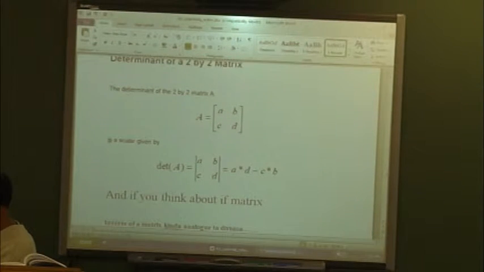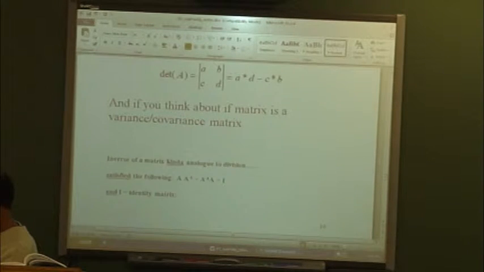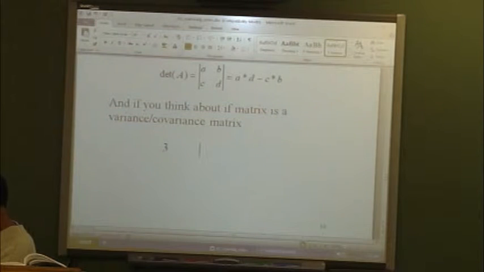If the matrix is a variance-covariance matrix with 3, 4, 4, 2, what's the determinant, everybody?